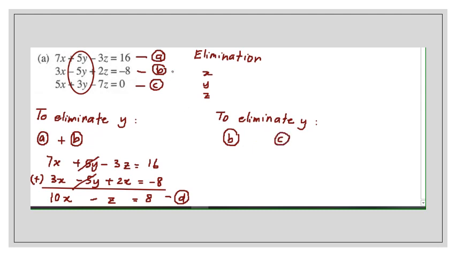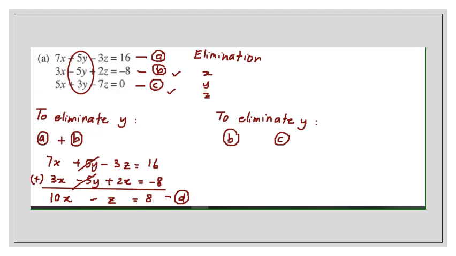Please look at B and C. On the variable y, the coefficients are different. Equation B, coefficient of y is negative 5. Equation C, coefficient of y is positive 3.